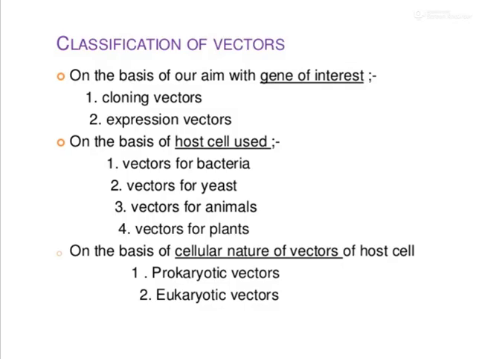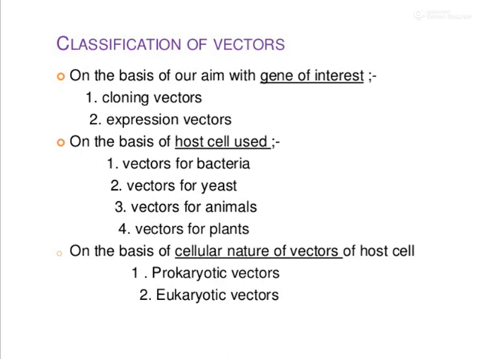If you consider the vectors, you can divide them into various types. You can divide them firstly as cloning vectors and expression vectors. What are cloning vectors? When the purpose of your genetic engineering is just to produce a clone of a particular gene, or to know a particular sequence, in such cases cloning vectors are used.